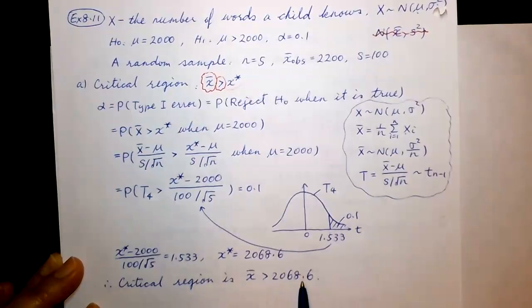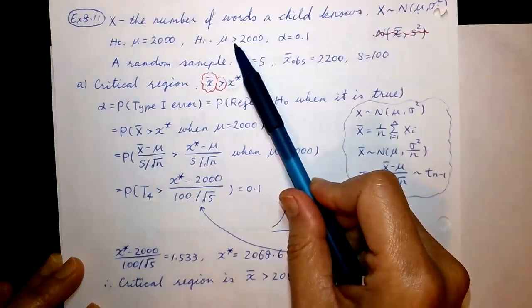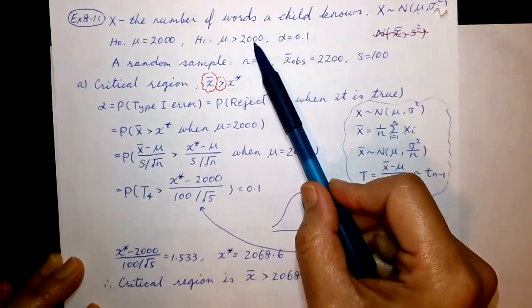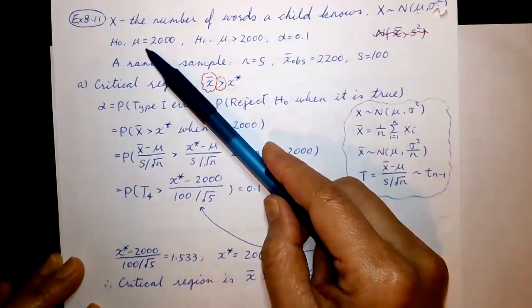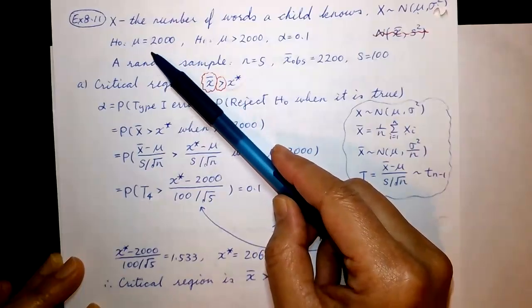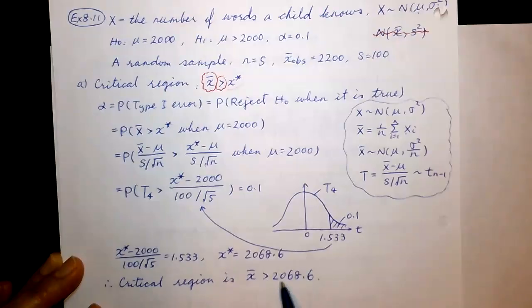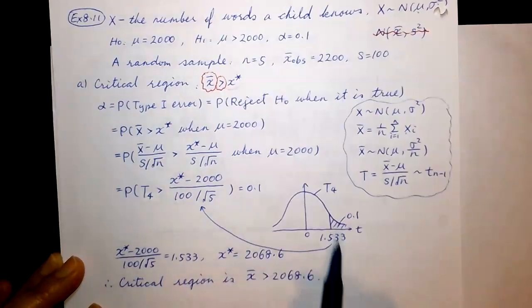If they know even more than this value, then we would think that all kids would know more than 2000 instead of equal, so instead of exactly 2000 or less than 2000. So the combination of greater and a value greater than 2000 makes sense to be a critical region.